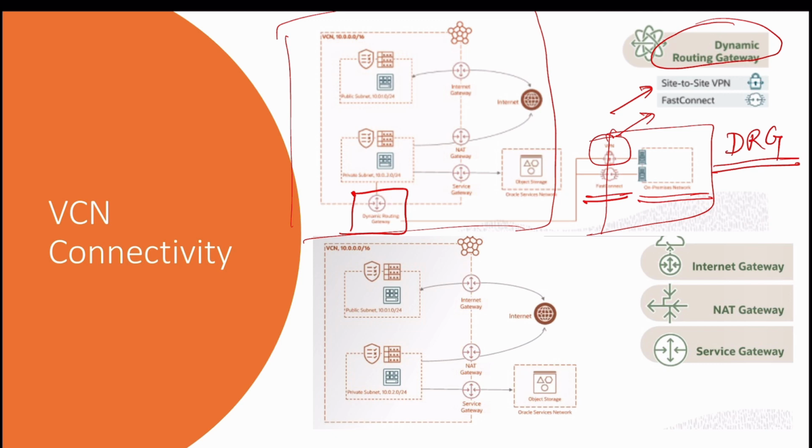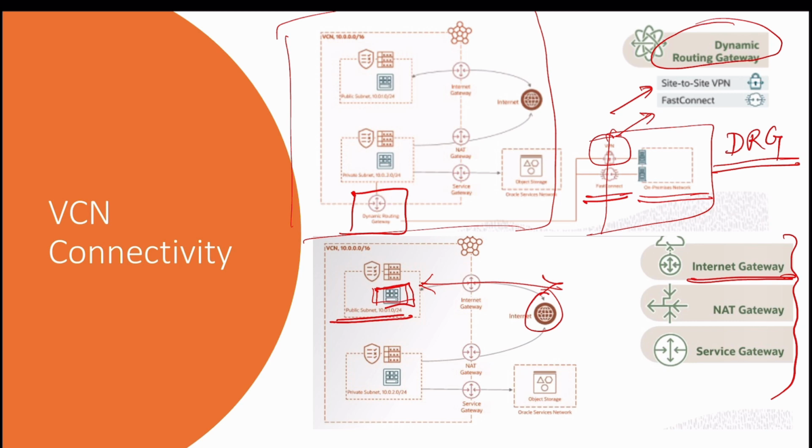Now we have three other types of gateway as well. The internet gateway is used when our instance needs to communicate through the internet bidirectionally, meaning traffic will go and come this way. In that case our instance should be part of a public subnet.